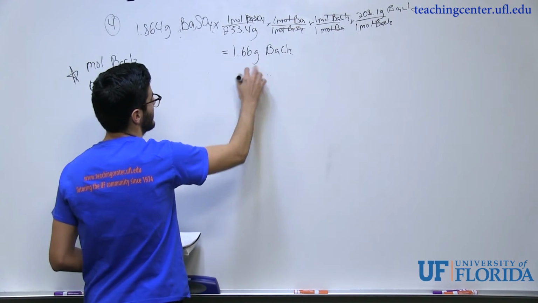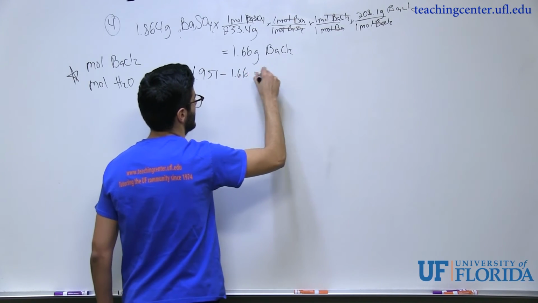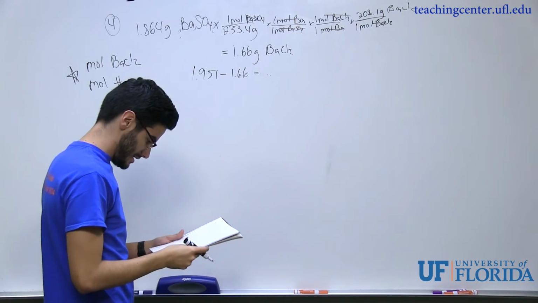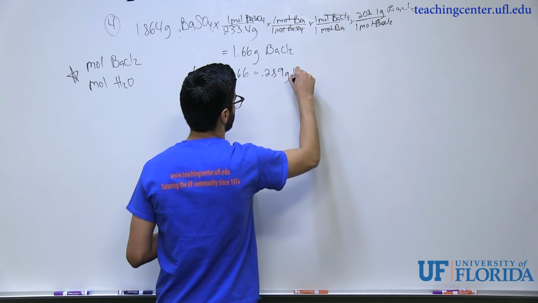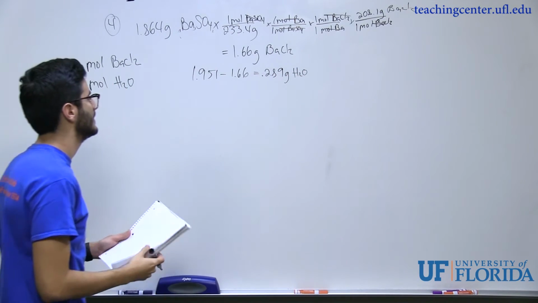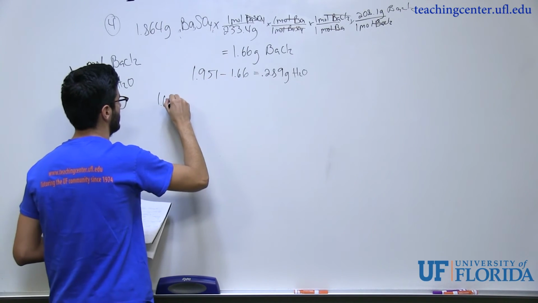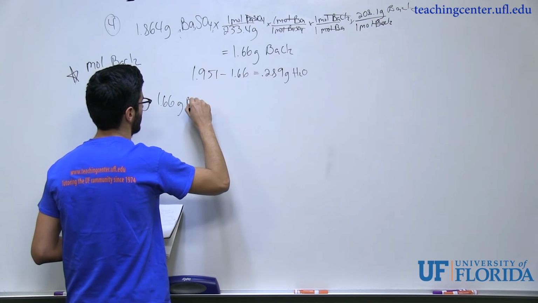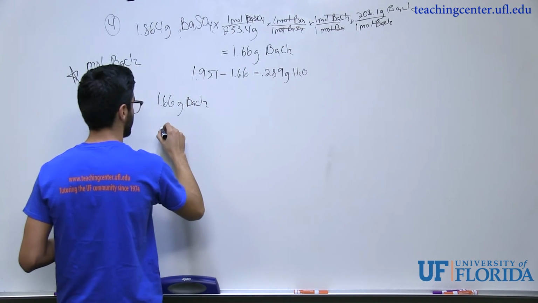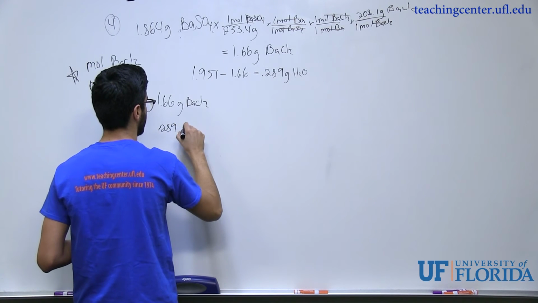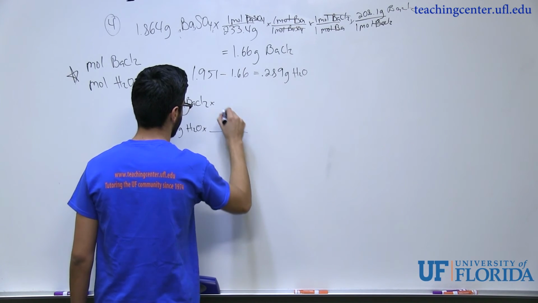So if this is just my barium chloride, 1.951 minus 1.66 should be my water. That number is going to be 0.289 grams H2O. Now we have mostly everything we need to finish off this problem. I have 1.66 grams of barium chloride and 0.289 grams of H2O. So we're going to go to moles, just like we did for number 2.